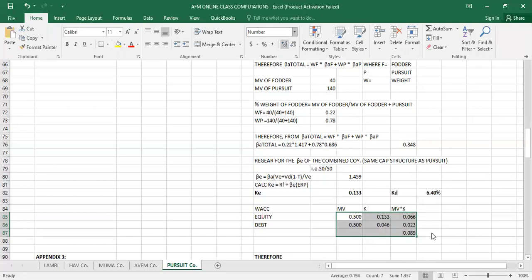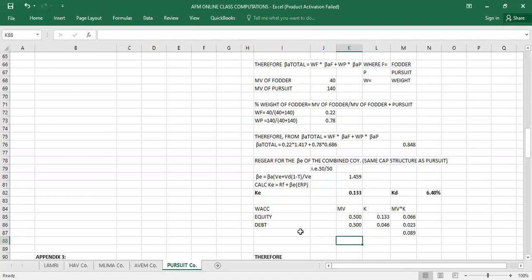So therefore WACC is equal to 8.9%, Abi. Yeah.